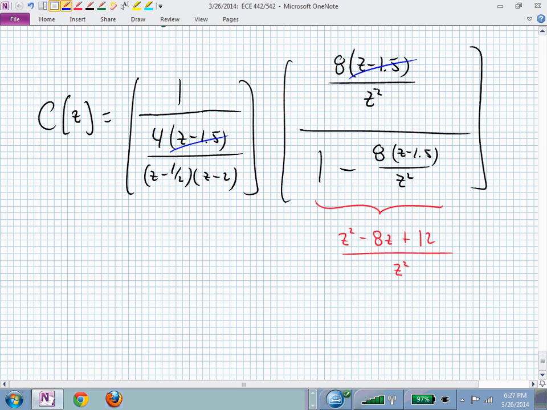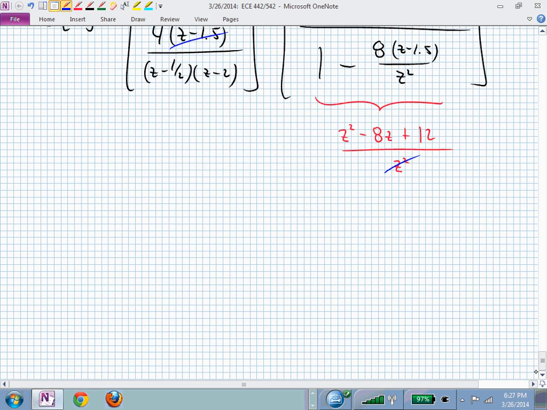We can also get rid of the common denominator in the numerator and denominator of that right-hand side expression. And we're left then with the denominator of the denominator becomes our numerator, so that c of z is now going to be z minus 1 half times z minus 2.